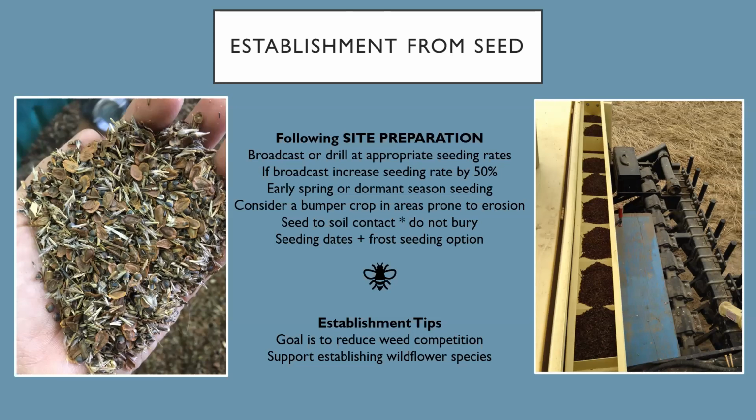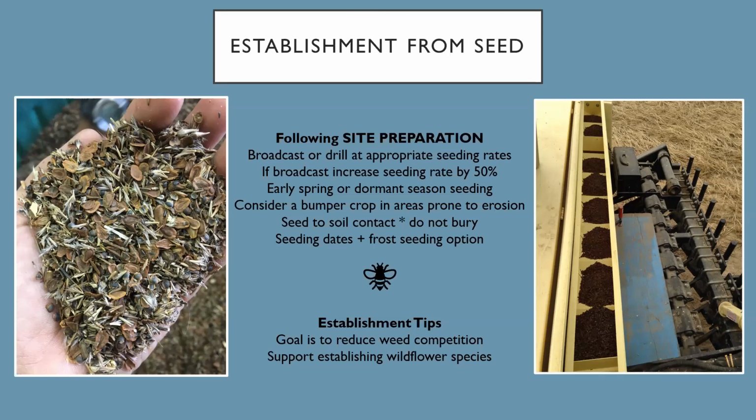Sometimes we even plant seed in late fall, so we're looking at November, December. We don't have terrible hard frosts that really affect our ability to plant late in the winter. A lot of times it's up to when we can get to it, but there's an option for that as well.